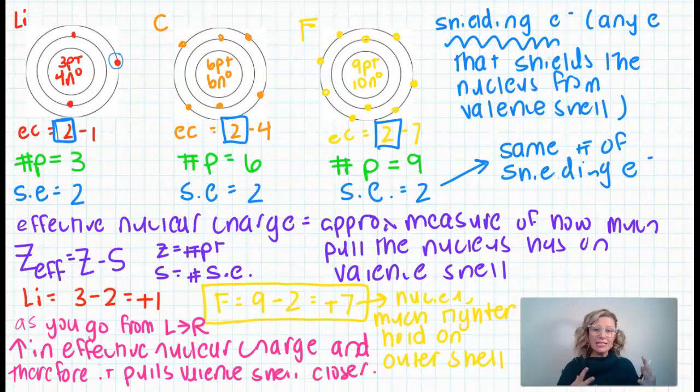So that's the atomic radius. Please, if you have any questions about this or want clarity on it, please let me know.